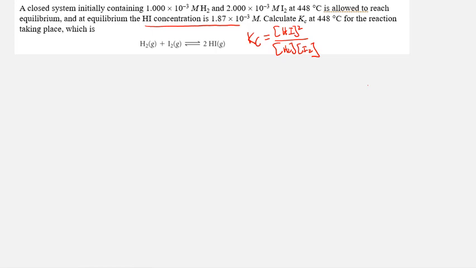Now, when you're doing your RICE tables, again, give yourself plenty of space. So I'm going to rewrite this. H2 plus I2 forms 2HI. So that would be my R. For the I, if we look, we have 1.000 times 10 to the negative third molar H2.